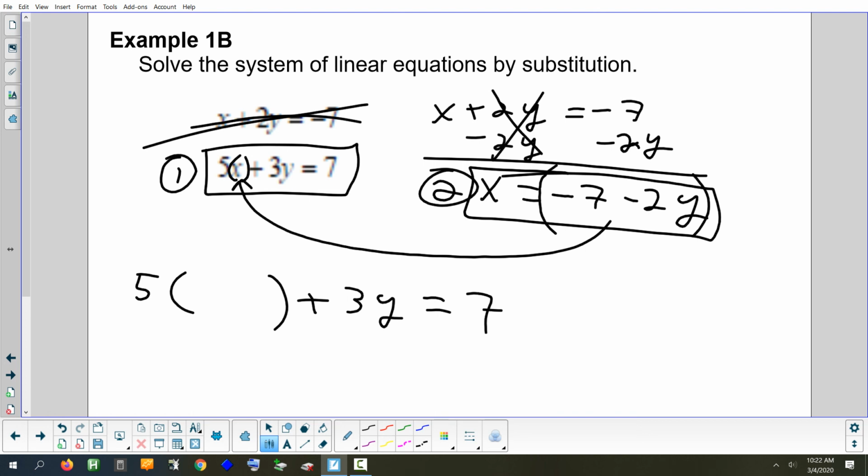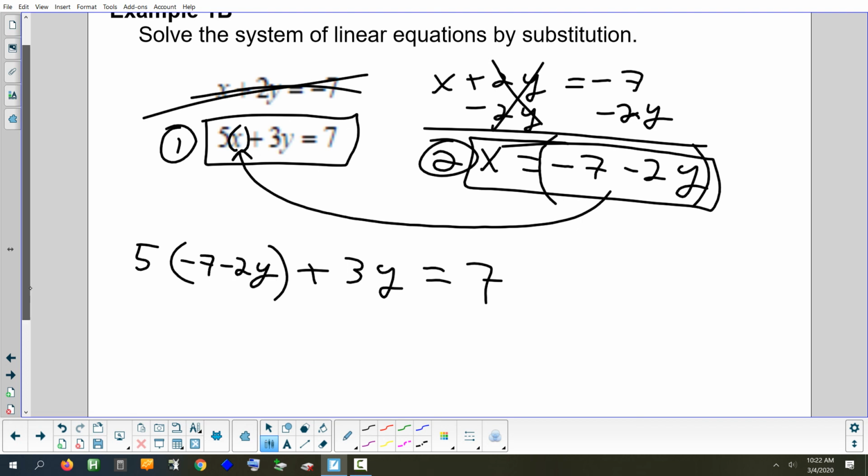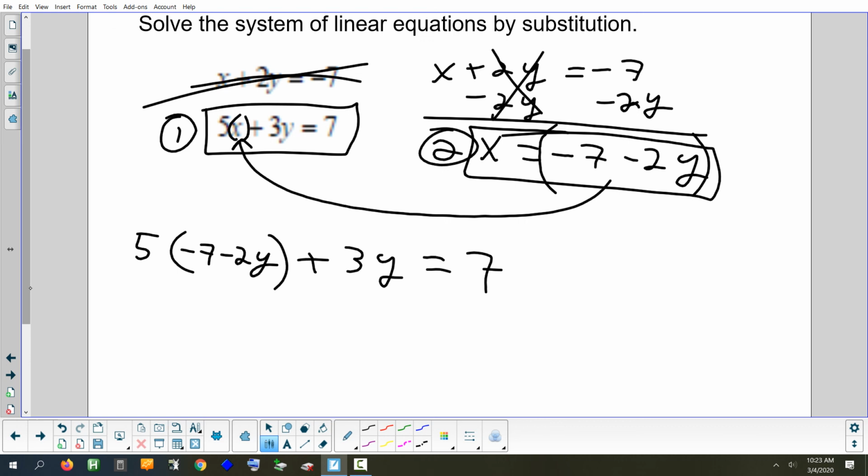Now we're just going to fill in for x. Olivia, what am I filling in for x? -7 minus 2y. Perfect. Okay, Lucas, you're usually all over this. What's our next step here?